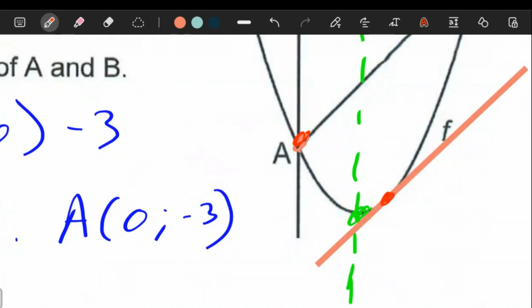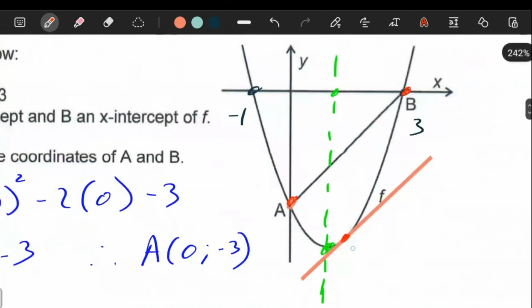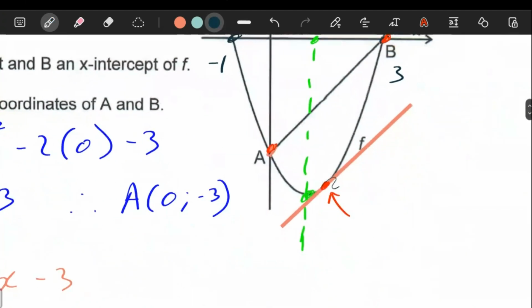Now, getting a coordinate that the graph passes through, you need to be creative. You can see that this point is a point on the curve. The point on the curve here, you can get it by using the gradient of your tangent.